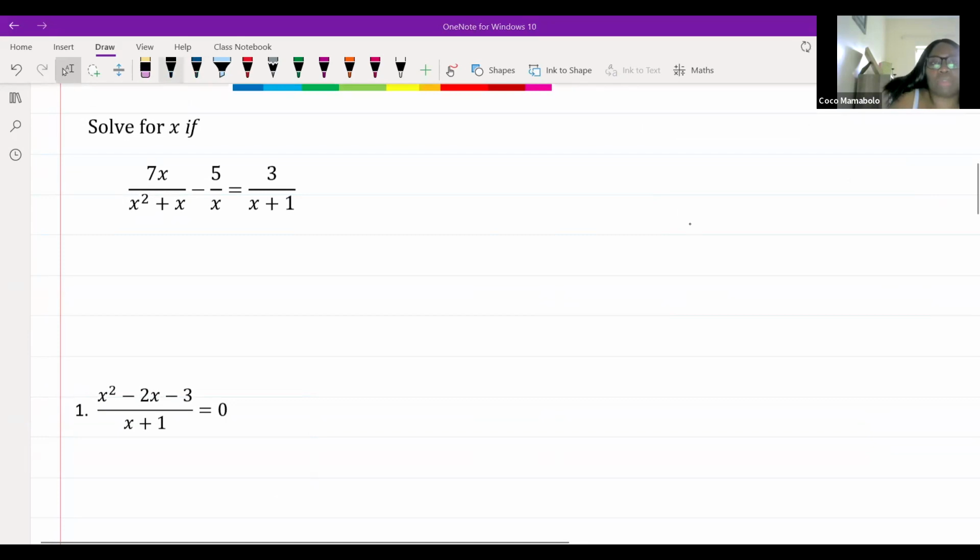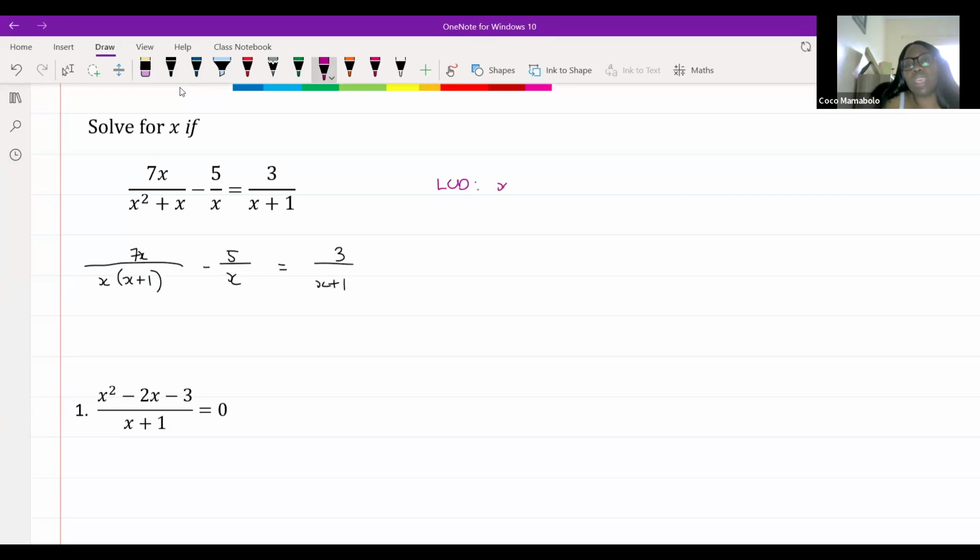I'm going to get 7x over x into x plus 1 minus 5 over x is equal to 3 over x plus 1. Now, if I look at all three of these, my LCD is going to still be x multiplied by x plus 1.